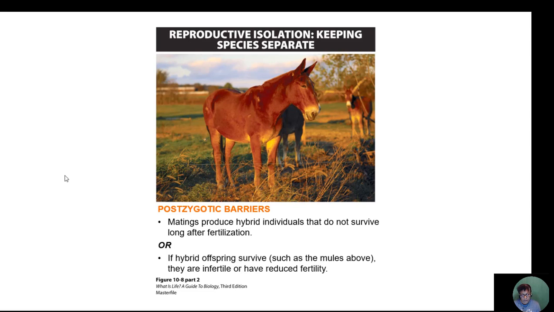Or if the hybrid offspring do survive, such as the mule above, which is a cross between a horse and an ass, you get a donkey or a mule, they're infertile or they have reduced fertility, so they can't go on to make other mules. You have to keep crossing the previous two. So that's a post-zygotic barrier.